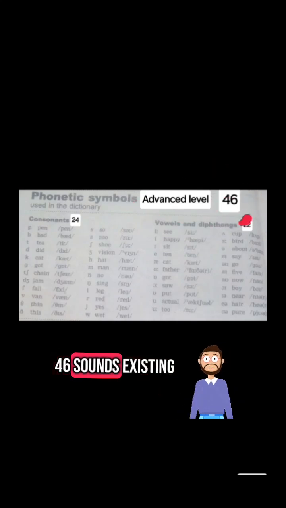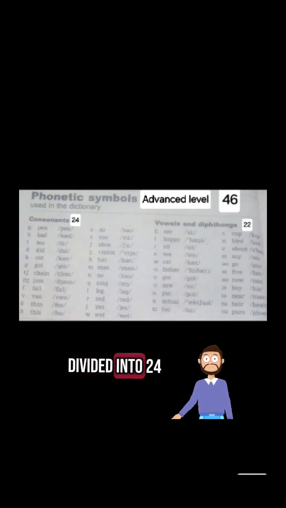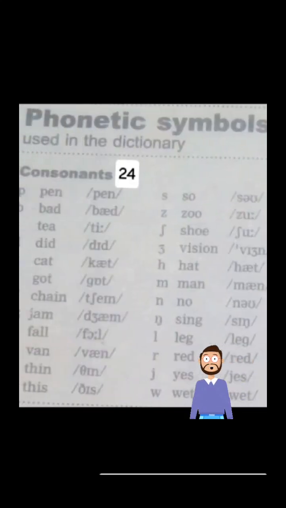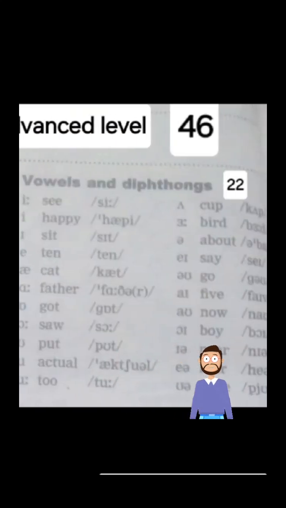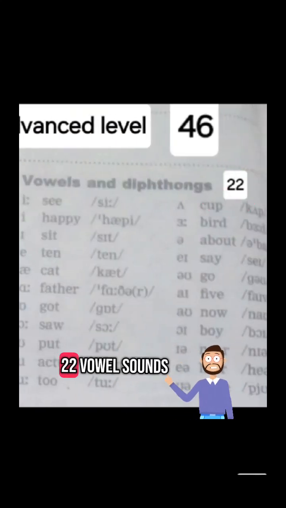In the advanced level chart, we can find 46 sounds existing in the English language, divided into 24 consonant sounds and 22 vowel sounds.